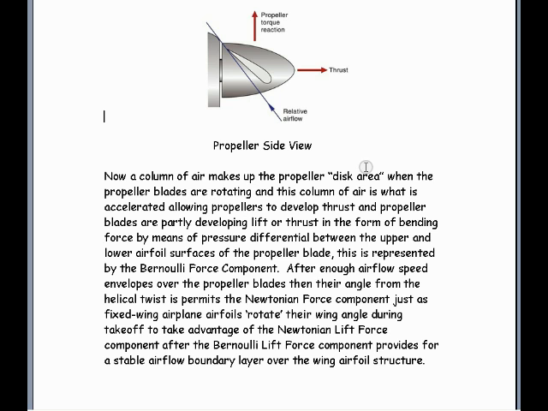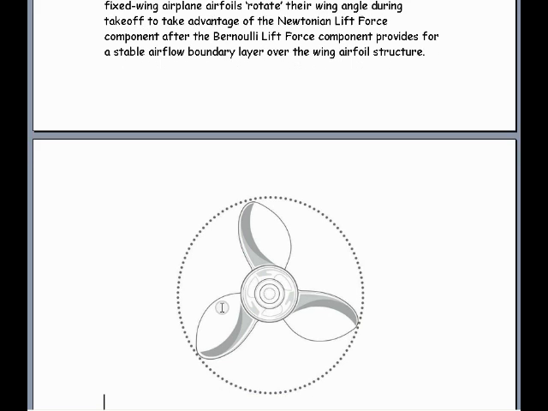After enough airflow speed develops over the propeller blades, their angle from the helical twist permits the Newtonian force component, just as fixed-wing airfoils rotate their wing angle during takeoff, to take advantage of the Newtonian lift force component after the Bernoulli lift force component provides for a stable airflow boundary layer over the wing airfoil structure.